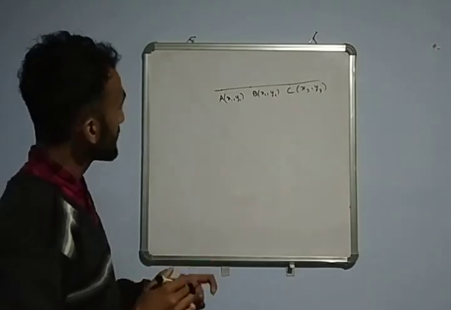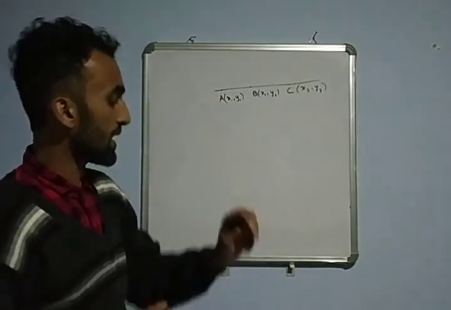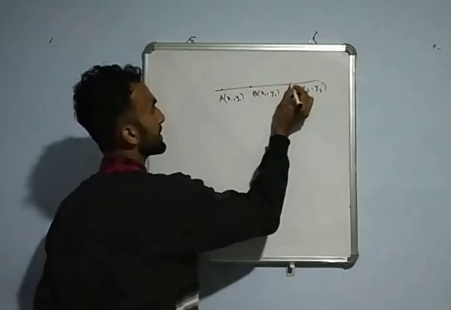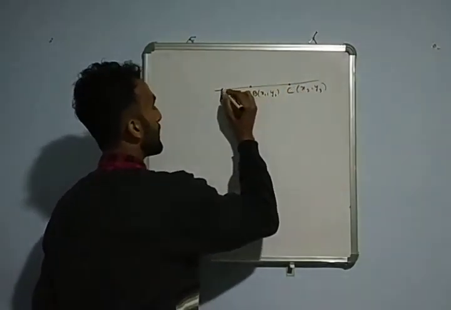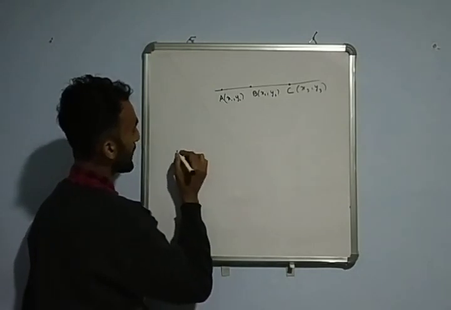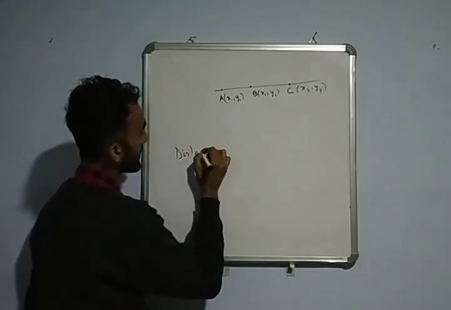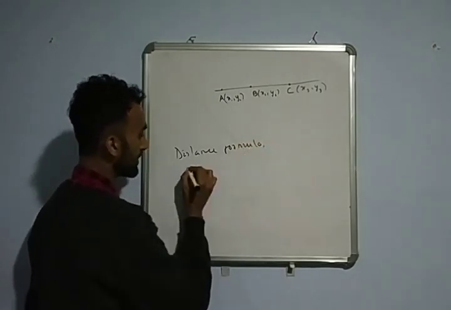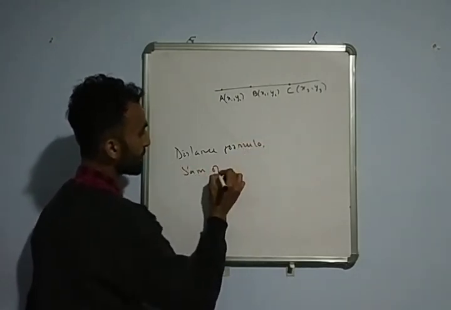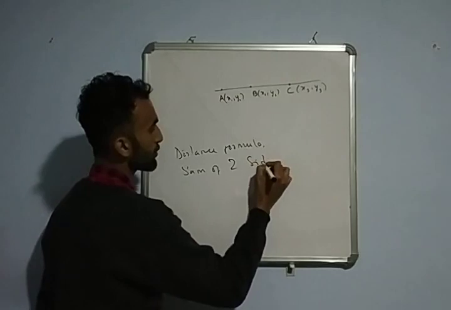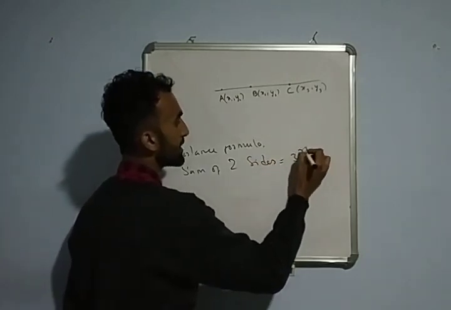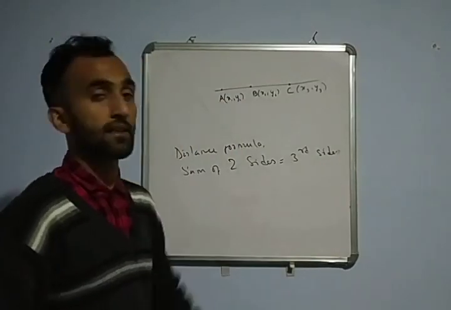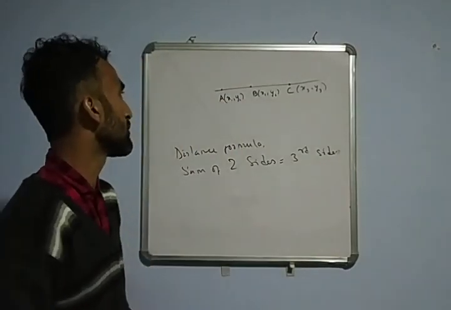Now you see A, B, C are collinear because they are lying in the same line. By distance formula, if they lie in the same line, then what do we have? Sum of two sides equal to third side. Any two sides you add will be equal to third side. This is by distance formula.